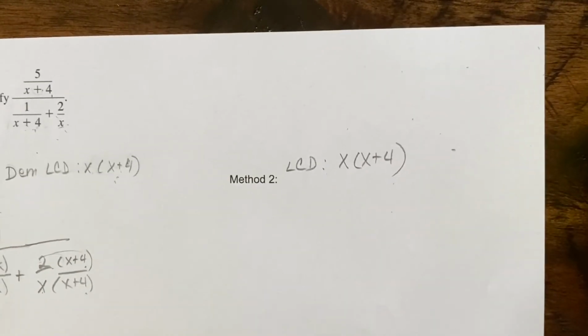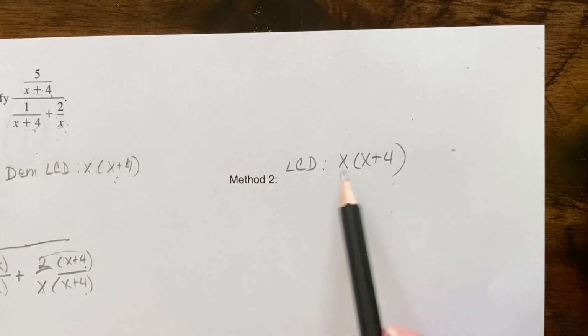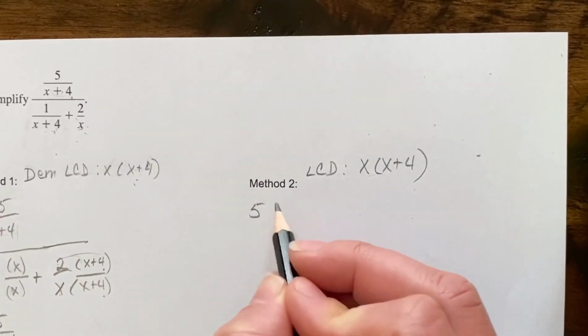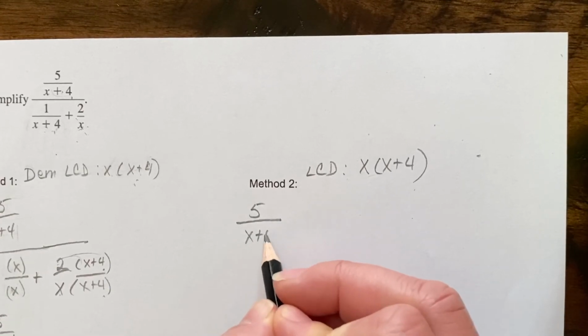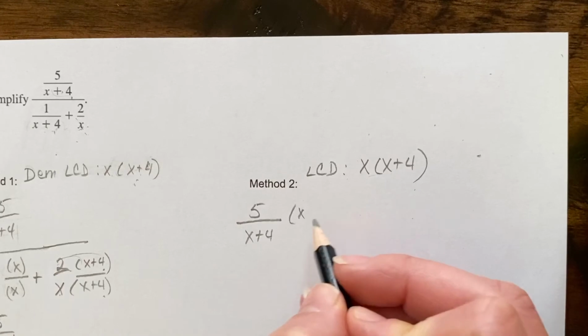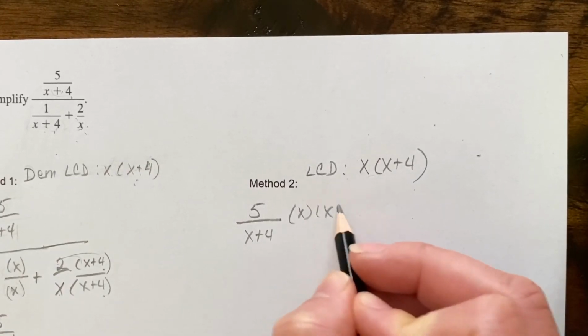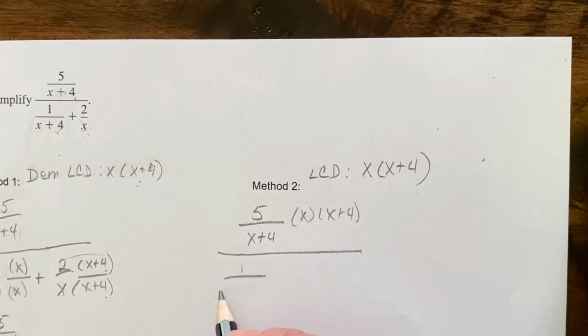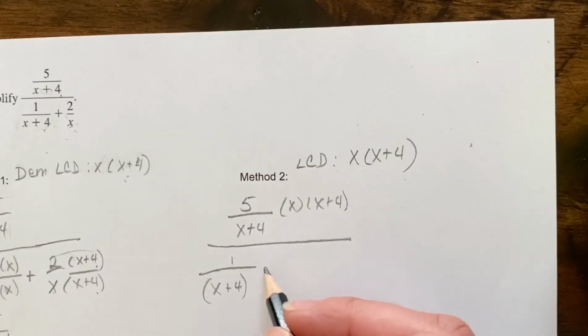So I'm going to rewrite the problem with this being multiplied to each fraction. And in our denominator, same thing. So what you're doing here is just clearing out all those fractions.